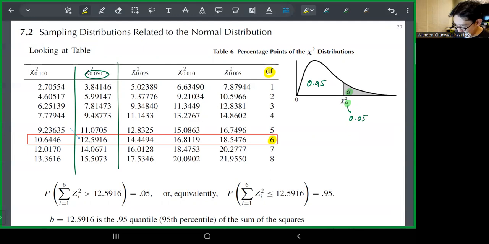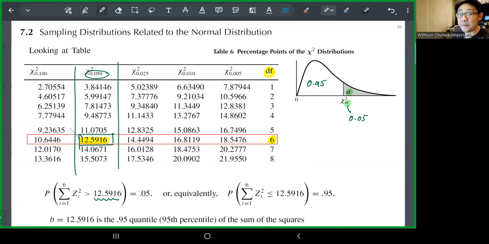So you look at the intersection between these two, and that leads you to this number. At 6 degrees of freedom, and at the probability alpha of 0.05, the value is 12.5916. That means that is the value you want to evaluate right here.